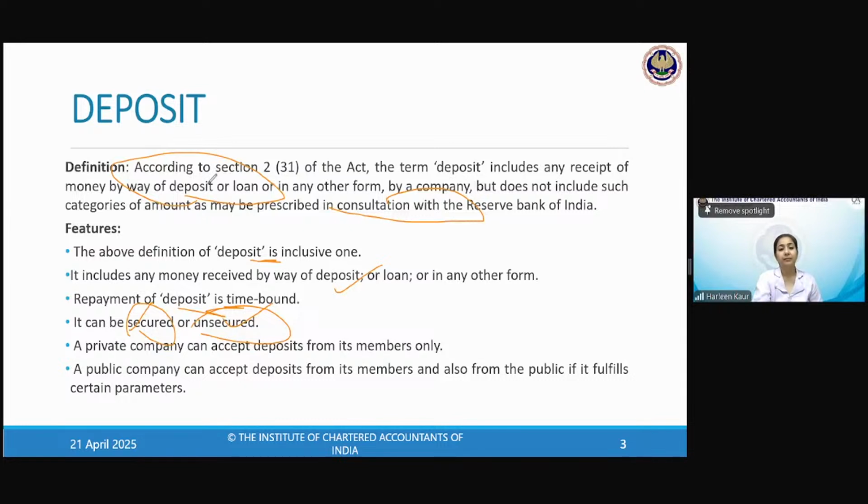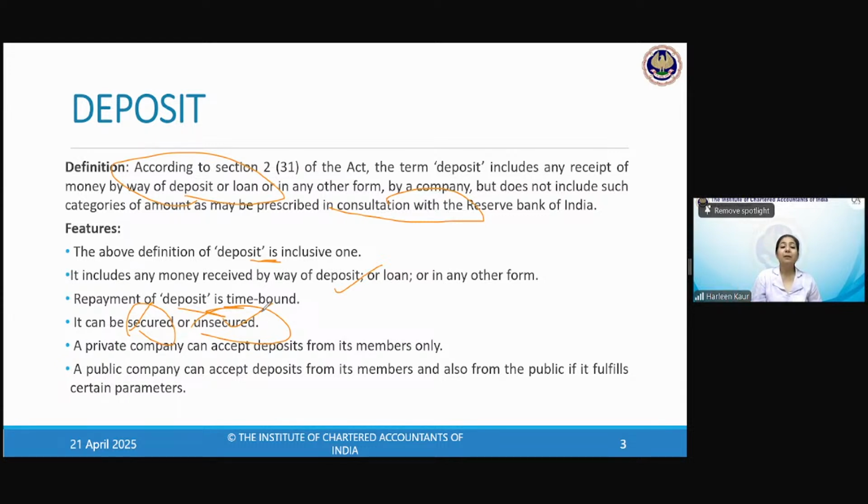Very good, everyone. So security is given for the deposit; that is a secured deposit. What is an unsecured deposit? Where we have taken the money but no security is provided. So deposits can be secured, and they can also be unsecured.